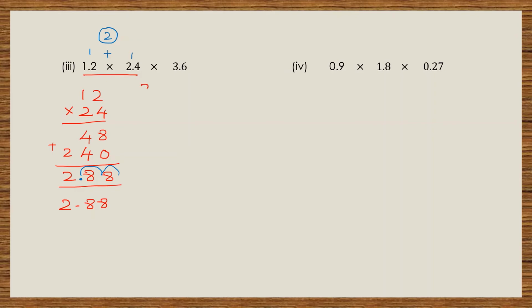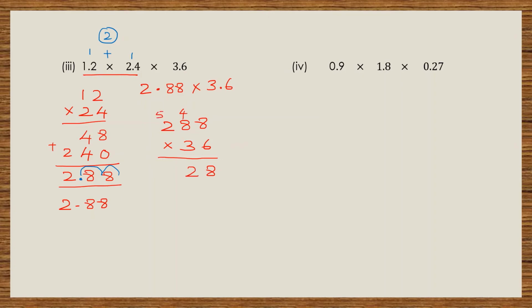So let me write the question now. 2.88 into 3.6. This is our new question. Now ignore the point and write 288 into 36. So let's do this multiplication. 6 8s are 48, you carry 4. 6 8s are 48 plus 4, 52.